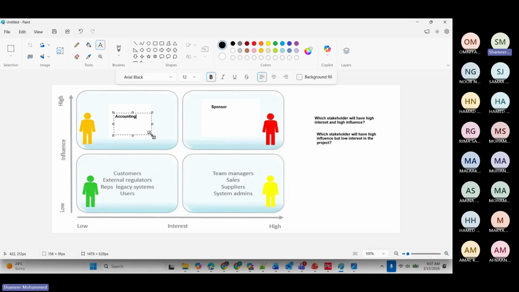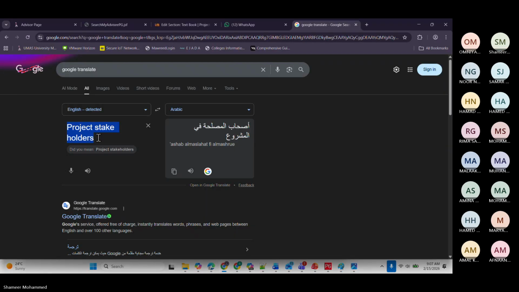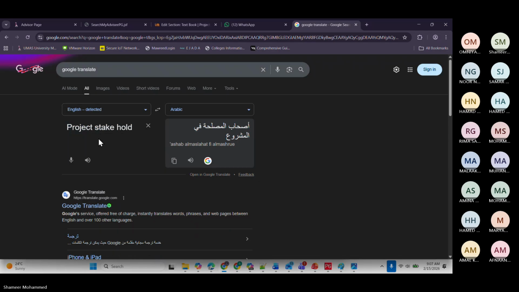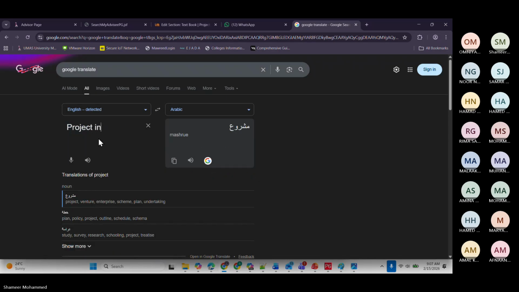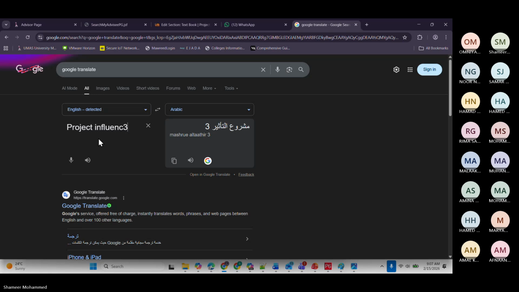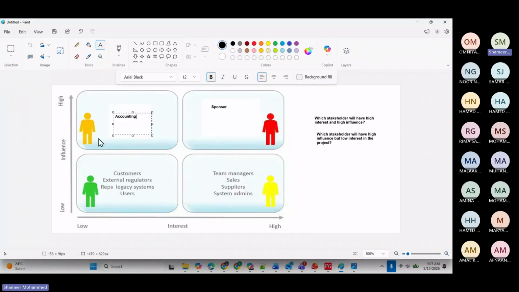It is very important. It has a high influence on the project. Influence, you know the meaning? Influence on the project, more impact. Also, the project management officer. Right? So such type of question and such type of answers you have to write.